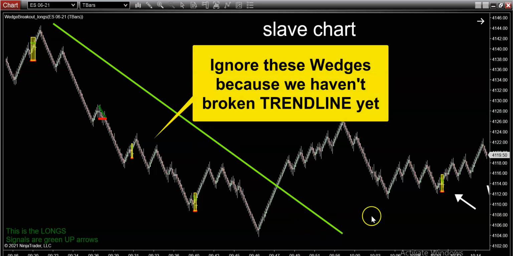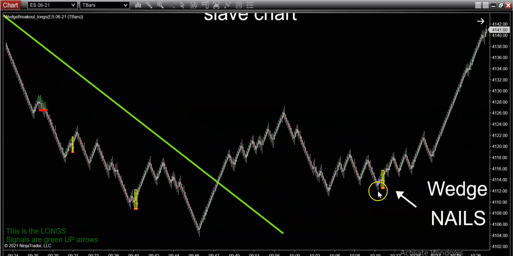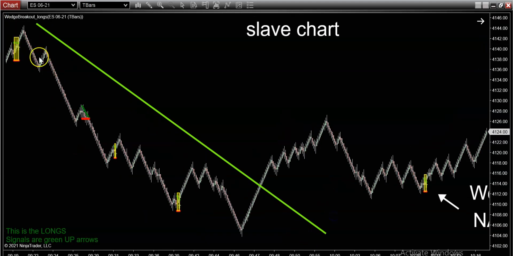So when you combine, right? When you combine a higher time frame trend line with a wedge, you know what that does for you? That actually keeps you out of all of these false wedge signals. Does that make sense, guys?